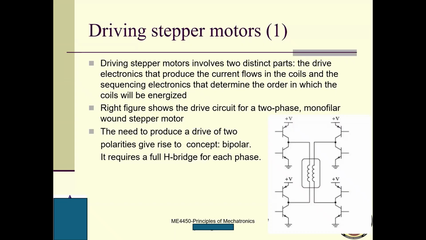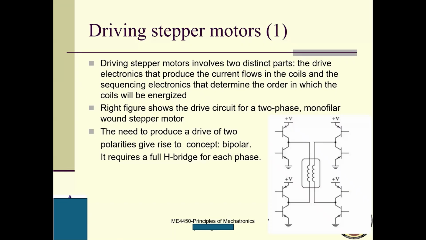Simultaneously, this one here has a voltage high enough such that the voltage difference between this base and this emitter is higher than the threshold value, and then this one will be turned on. If this one is turned on and this one is turned on, then the current can go this way from the top to the bottom and down to the ground. As a result, for this phase, the current direction goes down.